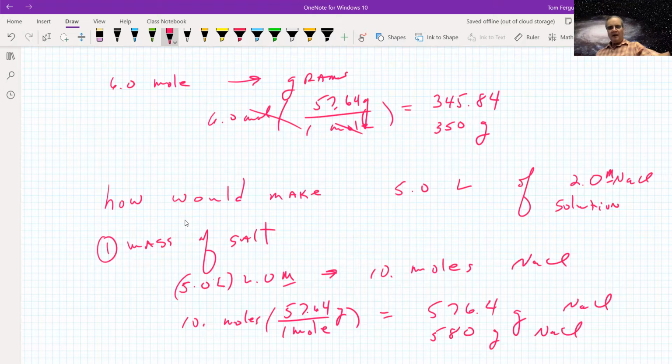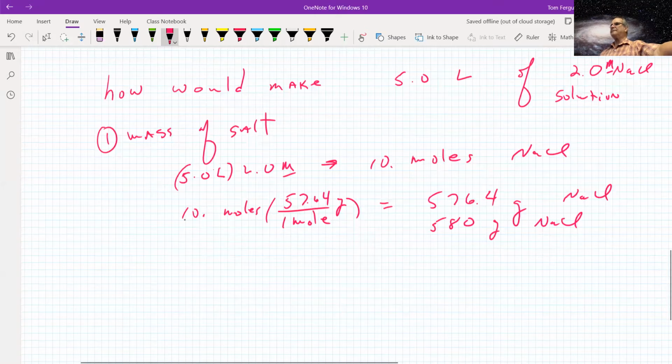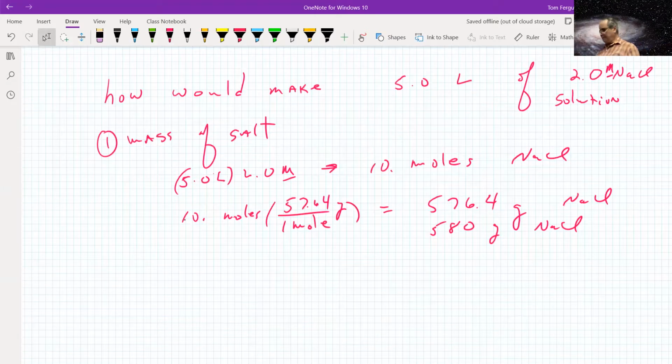Okay, so step one is we know how much salt we need, right? What do we do now? What about the water? How much water do we need? 5 liters, right? Sorry, I didn't mean it to be hard.